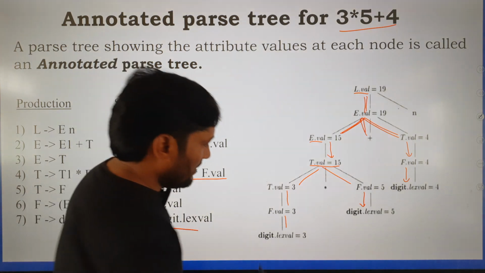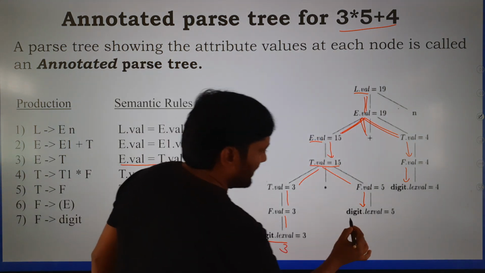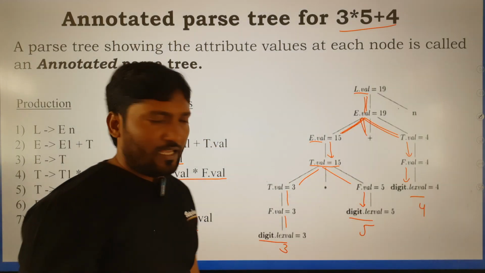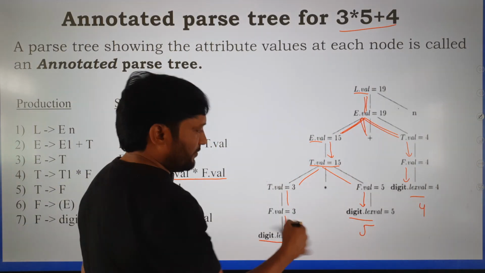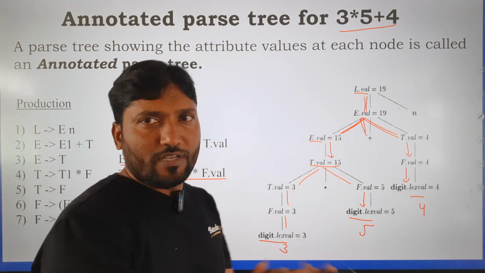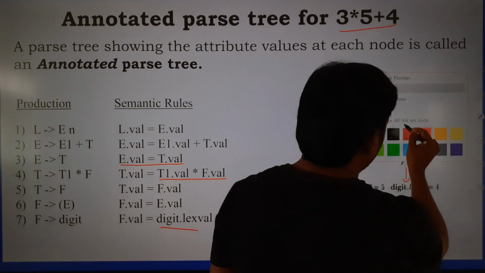Okay, as we know, what is the digit here? What is the first value? 3, and what is the next value? 5, and what is the next value? 4. Okay, so now we have to evaluate the parse tree always from left to right.